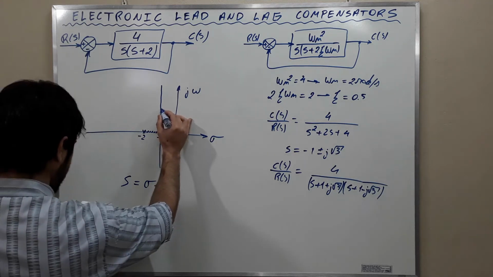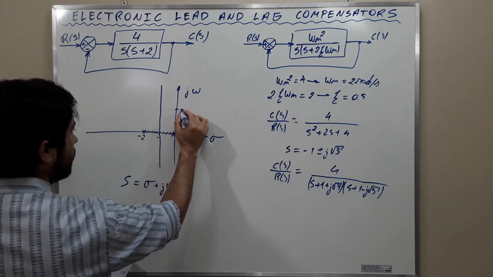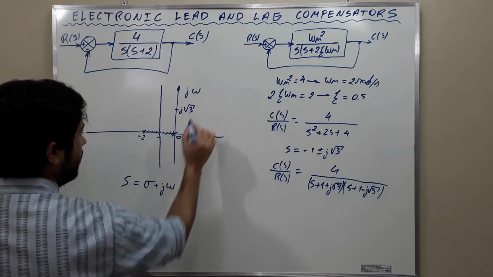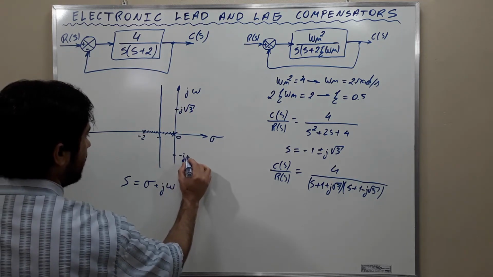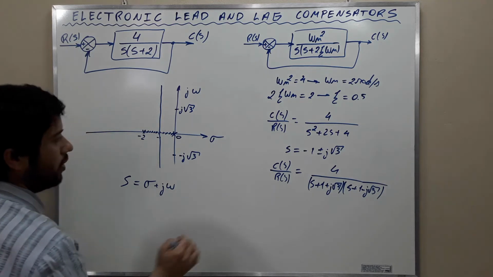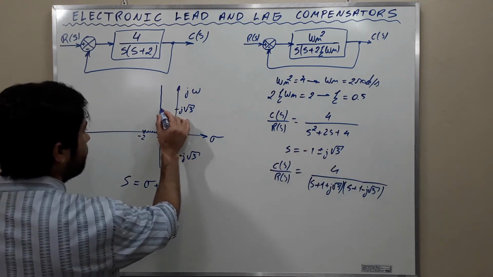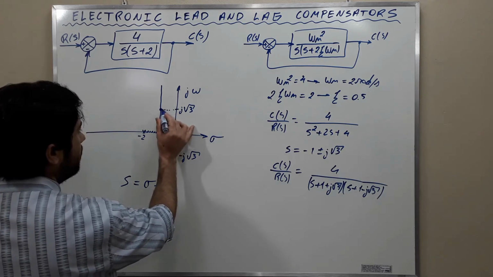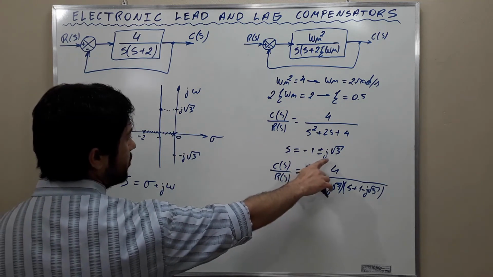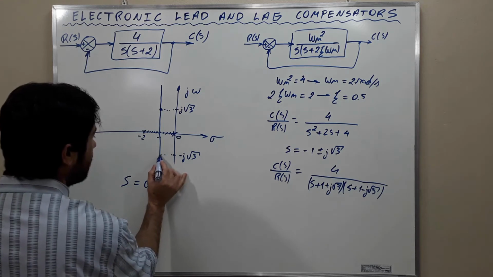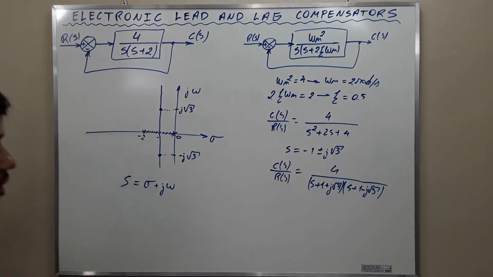And the closed loop poles will be -1 plus j square root of 3 here, alright? And -1 minus j square root of 3 here. Okay, these are the closed loop poles.